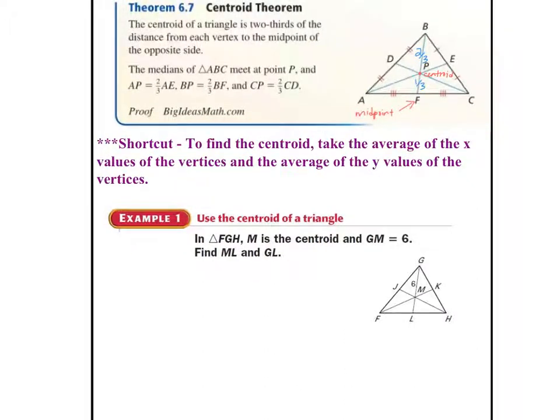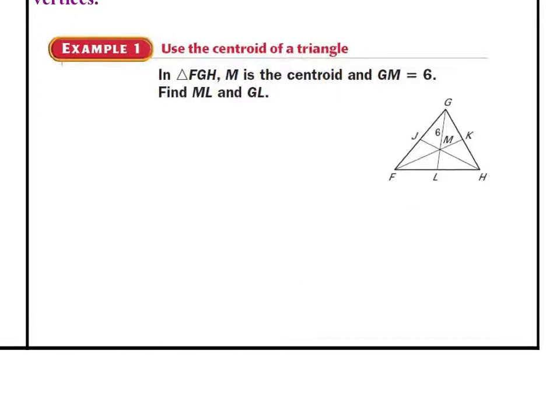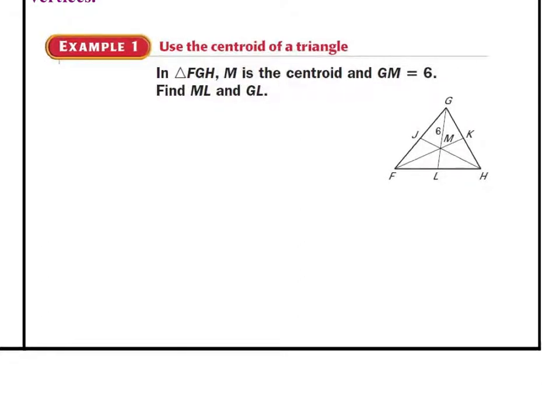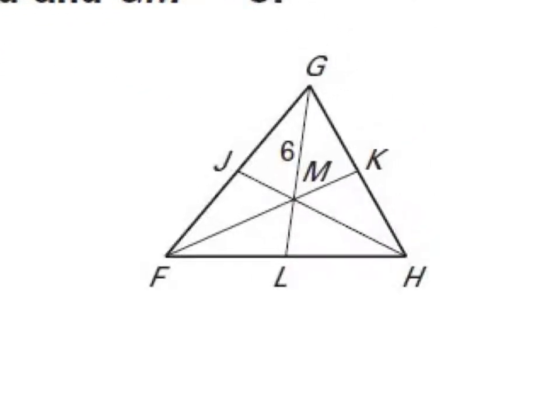We're doing two examples. First one. In triangle FGH, M is a centroid. You're given that. And we know that GM equals 6. Find ML and GL. So we just talked about how the centroid, M, is 2/3 of the way from G. So this is 2/3, 6.